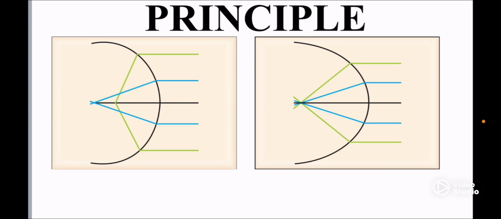So what we can say is that the right image is of cornea. Why? Because it is an aspheric structure which focuses each and every ray coming to the eye at a single point. That's why it is of cornea.